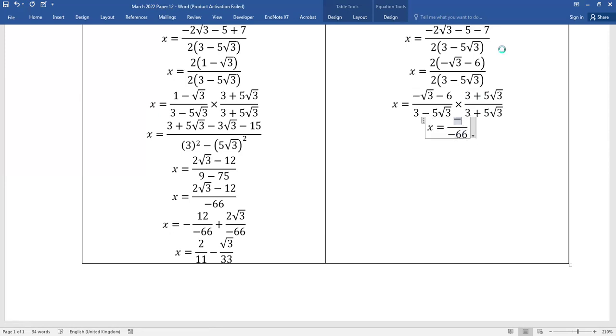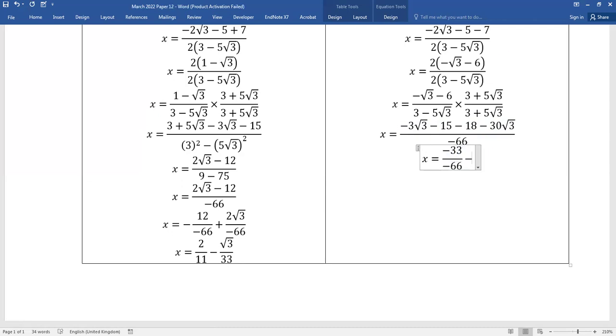Minus 3 को दोनों से करते हैं, minus 3 root 3 and minus 5 3s are 15. Minus 6 into 3 is minus 18, and minus 6 5s are 30. So when I write them separately, minus 66 and I get minus 33.